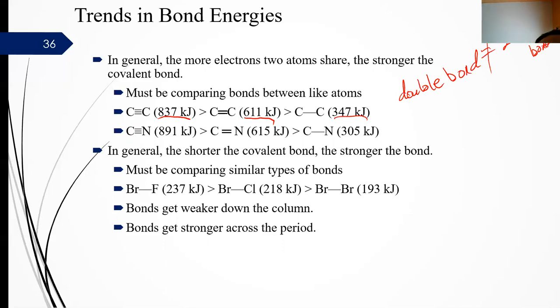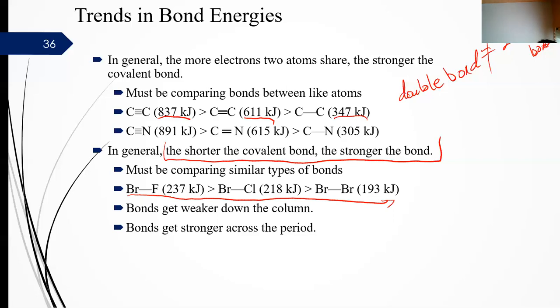The idea is, in general, the shorter the covalent bond, the stronger the bond. The stronger the bond, the more energy it should take us to break them apart. But it only works when we compare similar types of bonds. So for bromine to fluorine, or bromine to chlorine, and bromine to bromine, you can see that the distance is increasing going down the column, and the bonds are getting weaker and weaker.